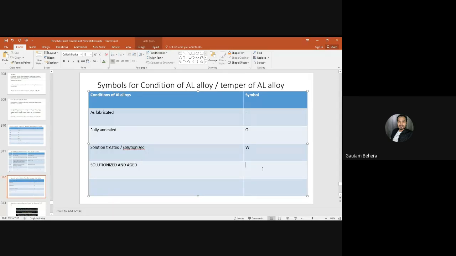Then it is T. And we have a lot of variety of T conditions of aluminum alloys. We'll discuss that maybe.